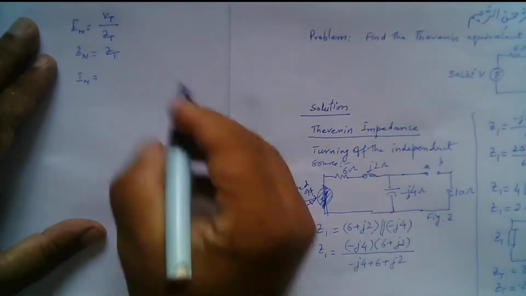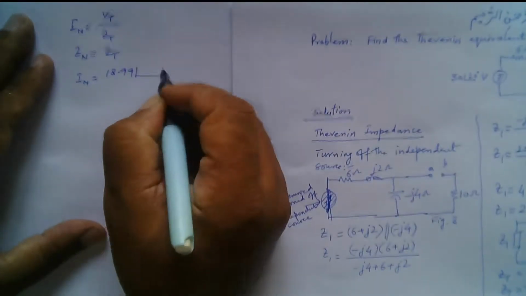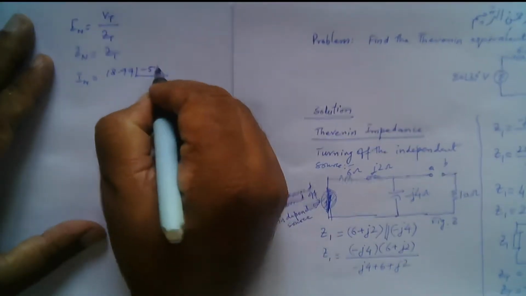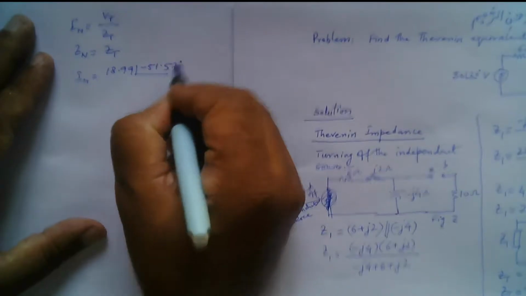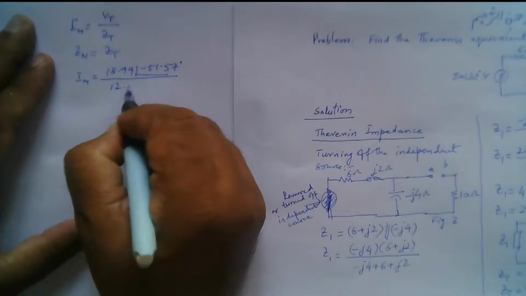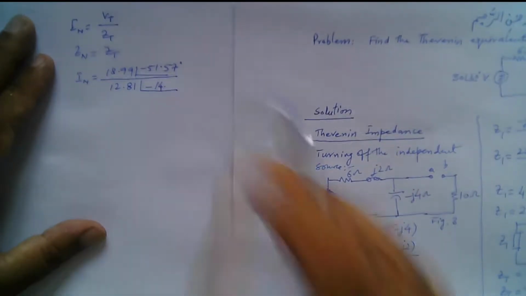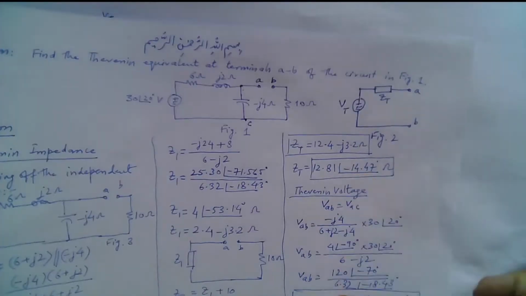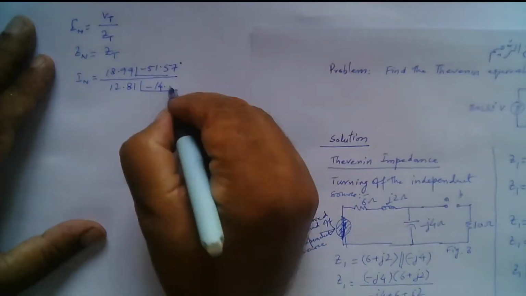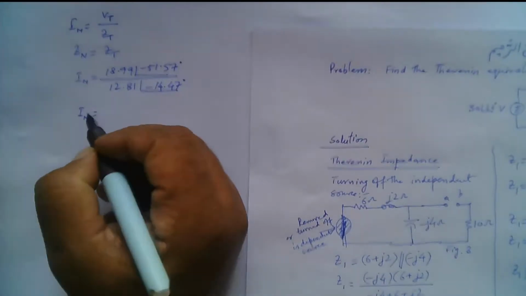So for example, if we need to find I Norton, then V Thevenin was 18.99 angle minus 51.57 degrees divided by 12.81 angle minus 14.47 degrees, right?